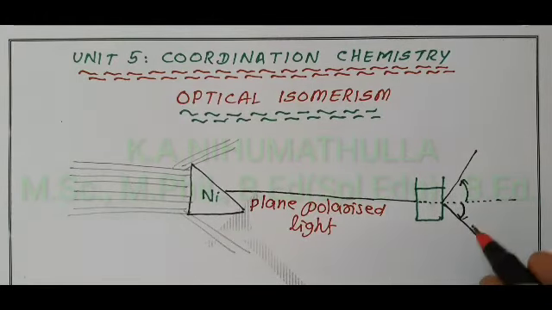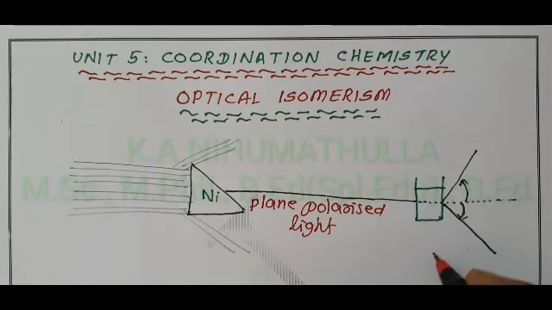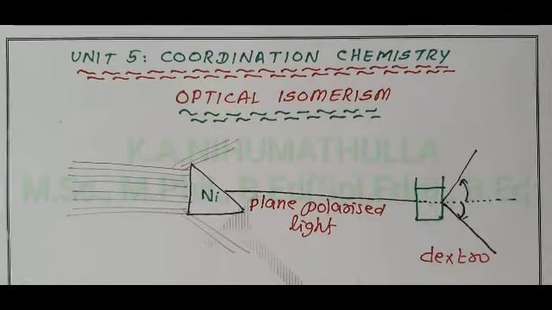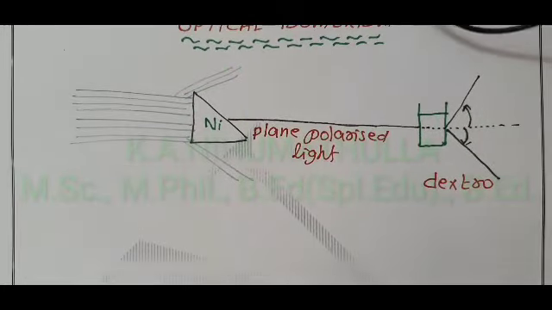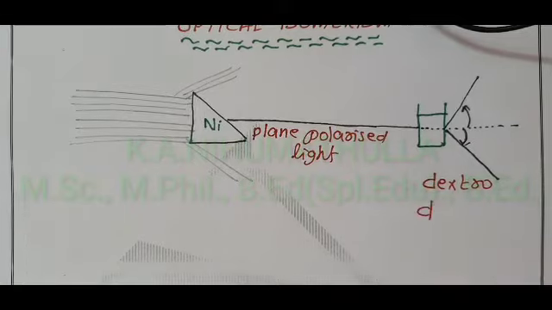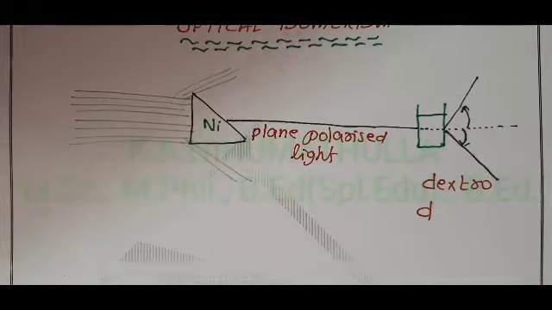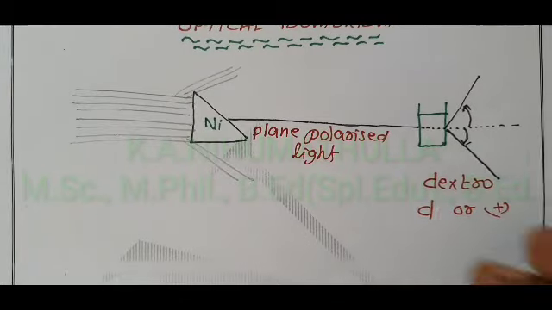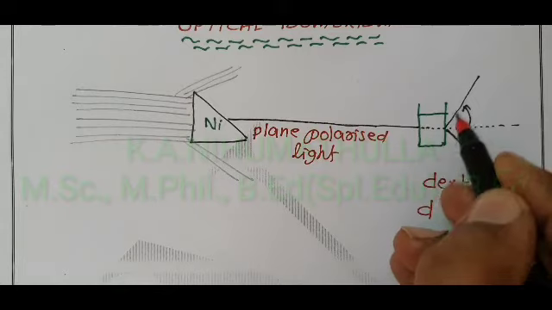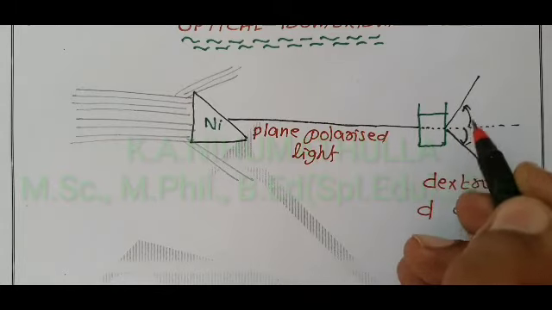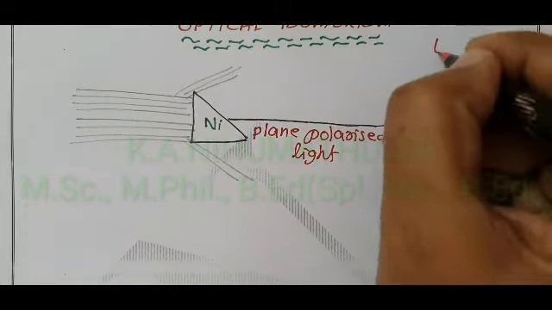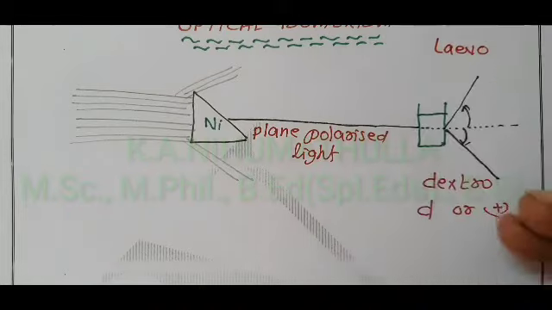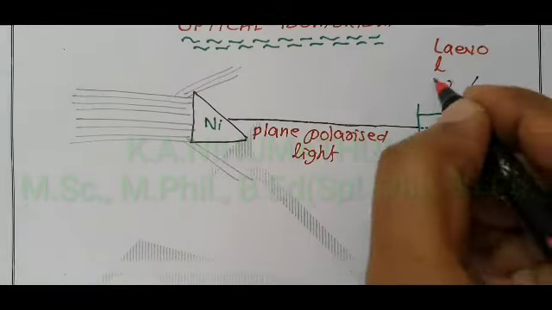If the rotation takes place in clockwise direction, this rotation is called dextro-rotatory or D rotation or plus rotation. If the compound rotates the plane polarized light into anti-clockwise direction, it is called levo-rotatory or L rotation or minus rotation.